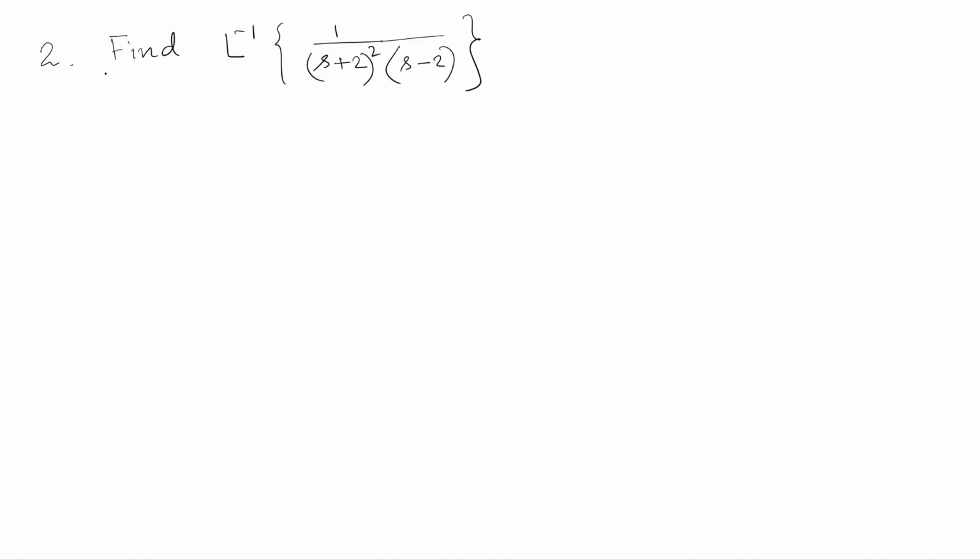Question number 2. Find the inverse Laplace transform of 1 by (s plus 2) whole square multiplied by (s minus 2). We know the inverse Laplace transform of 1 by s square is t.